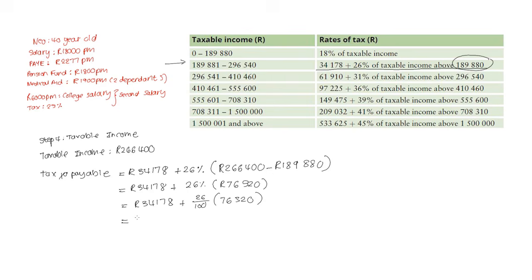And the final amount is 54,073 Rand 20 cents. Therefore, the tax payable for Neo is 54,073 Rand and 20 cents.